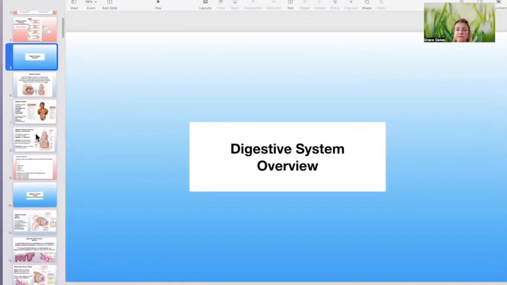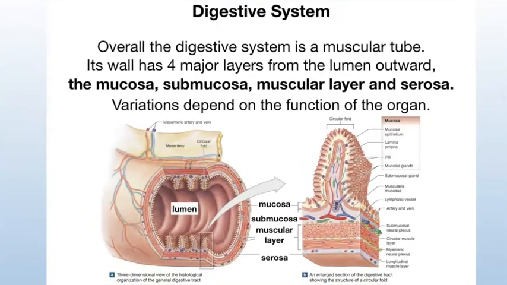The digestive system overview. Overall, the digestive system is a muscular tube. Its wall has four major layers from the lumen outward: the mucosa, the submucosa, the muscular layer, and the serosa. There are variations that depend on the function of the part of the digestive system.